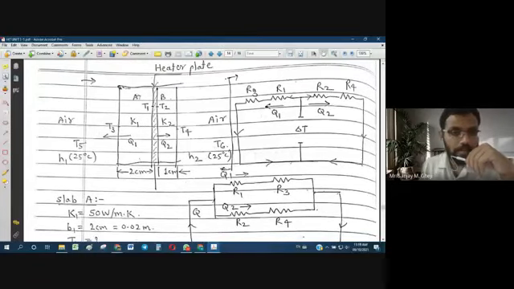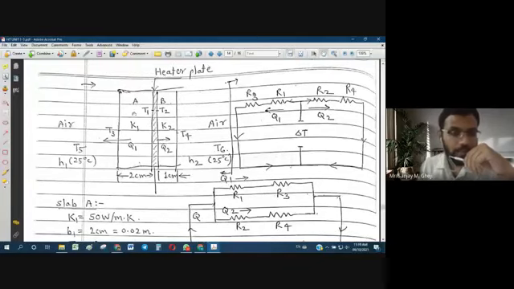Now, how will heat transfer? Since A and B are both solid plate materials, first it will be by conduction on either side. For the left side, it will be by conduction from the heater plate through plate material A, and then from this surface to the outside air it will be by convection.